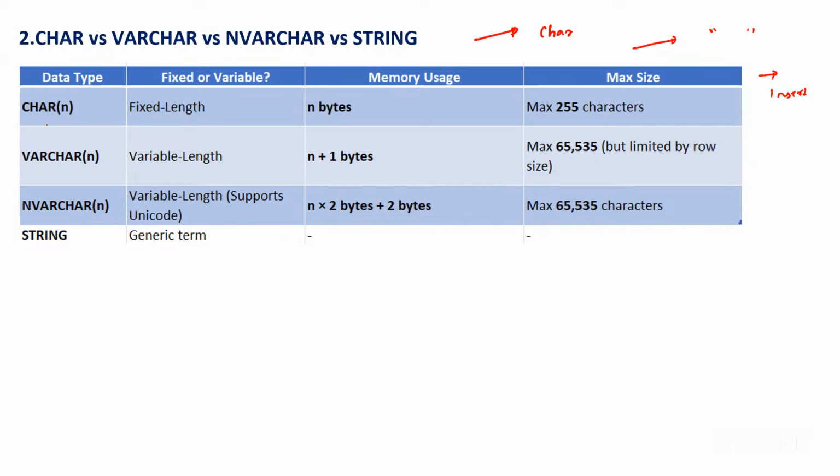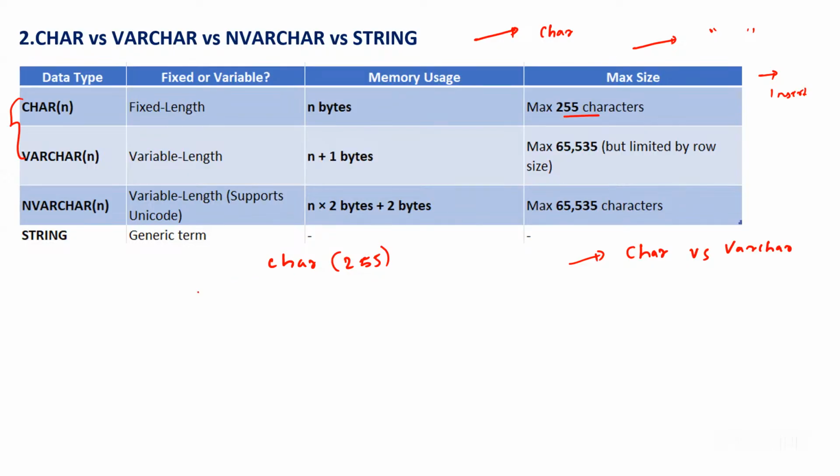Now, inside any database, there are two types mainly you have to understand. One is char, another is varchar. Some of the freshers, or those with 1 or 2 years of experience, might be asked, what's the difference between char and varchar? Whenever you use character, you can go only up to 255 characters, but it's a fixed length.